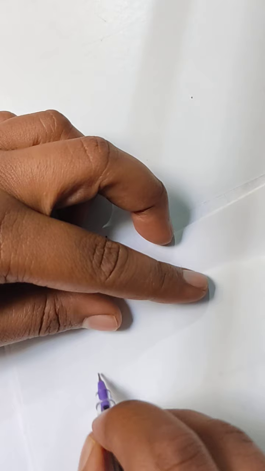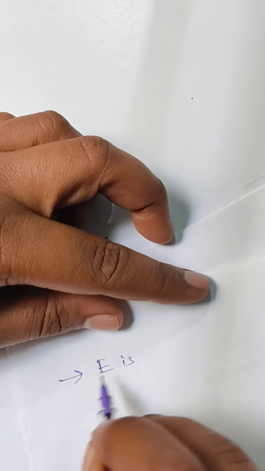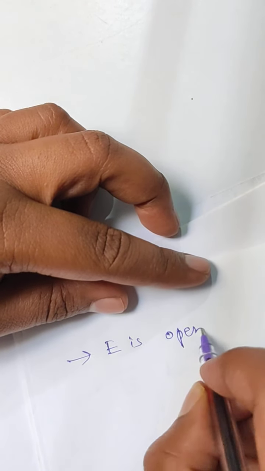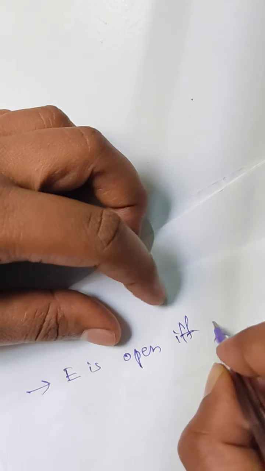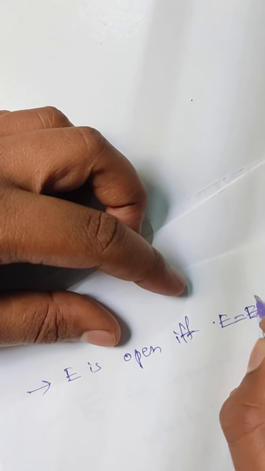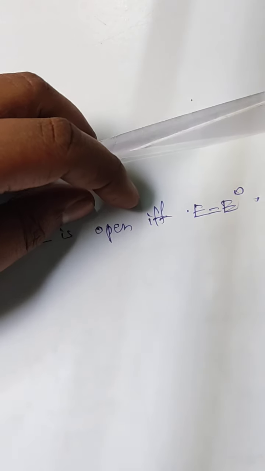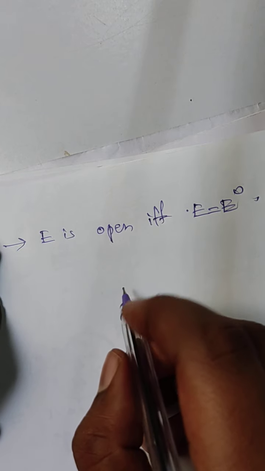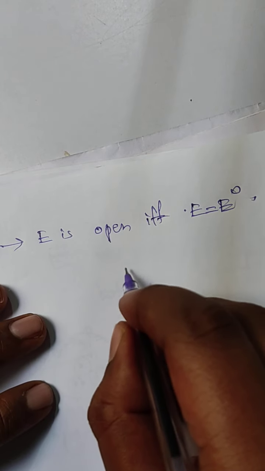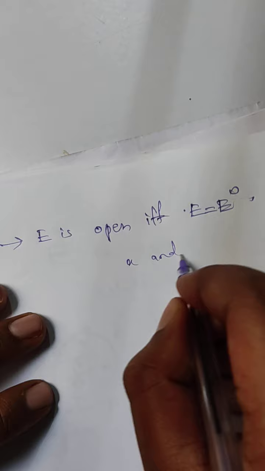And one more concept problem there is: E is open. All right, E is open if and only if E equals E interior. We just have to take two points, x and y.